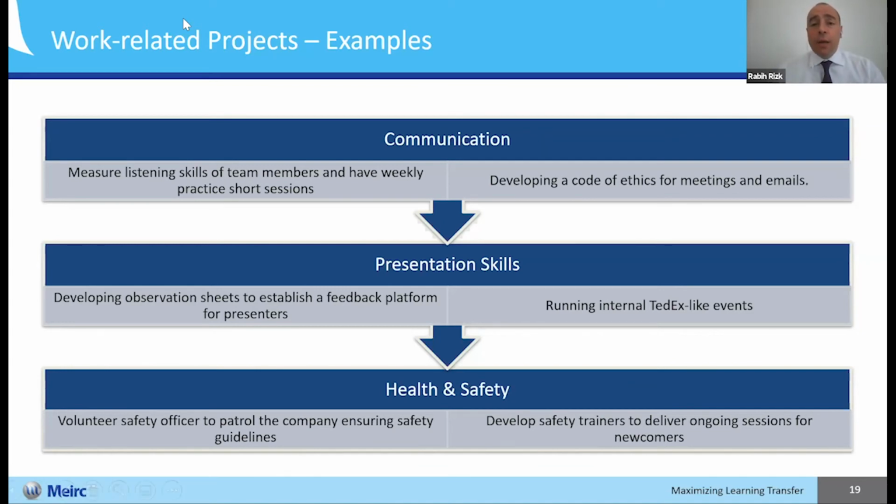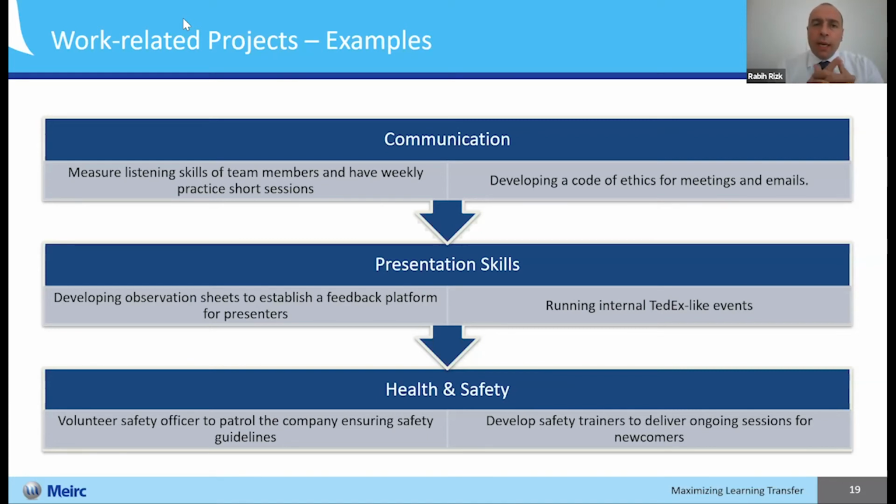Another idea for a project on communication is maybe developing a code of ethics for meetings and emails. You know, if you don't have an internal code of ethics regarding internal written communication, people might use it not really effectively.